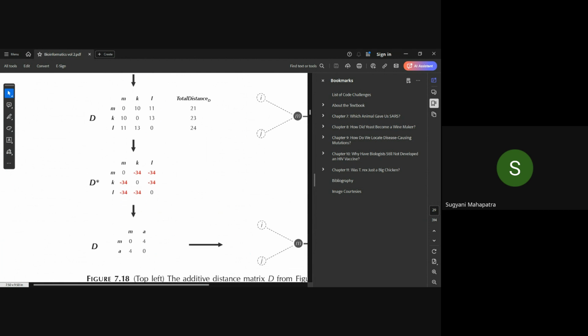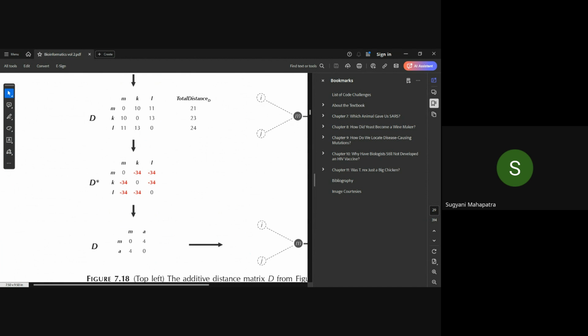Similarly, you just keep on doing this. Once you compute D star, you find the one with the minimum value, remove those two nodes, add them as a cherry, and add a new node connected to these two nodes.